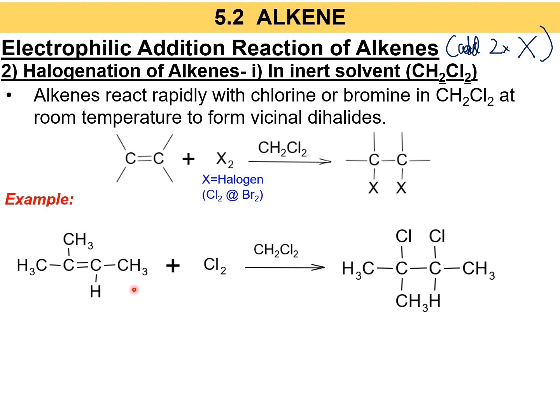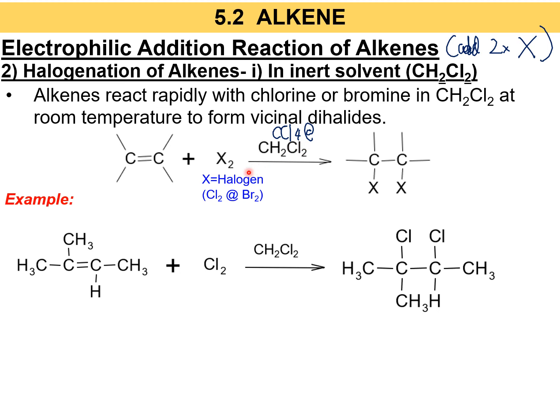Okay. For example, if let's say alkene dia buat halogenation, dia akan gunakan reagent halogen such as Cl2 ataupun Br2. Okay, in inert solvent memang CH2Cl2 ataupun CCl4. Okay, so kalau you nampak CH2Cl2 atau CCl4, that is actually inert solvent.